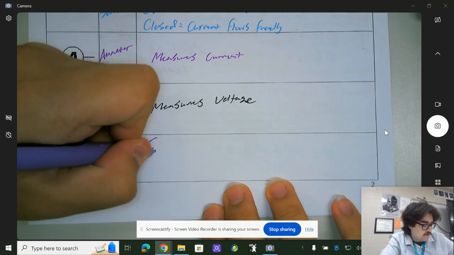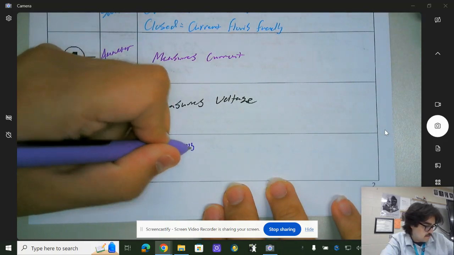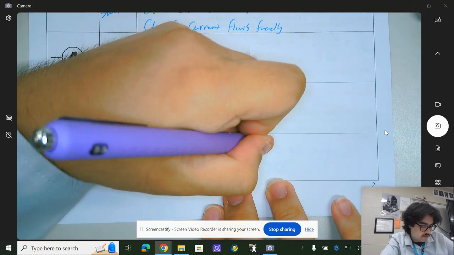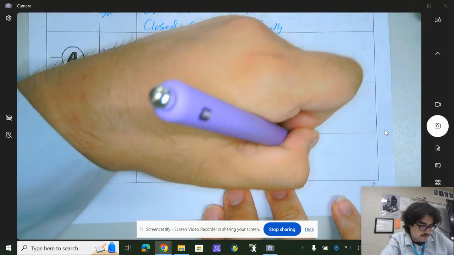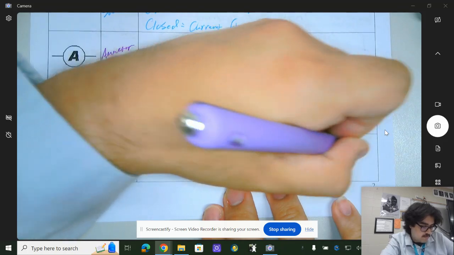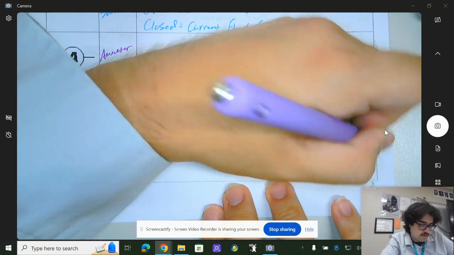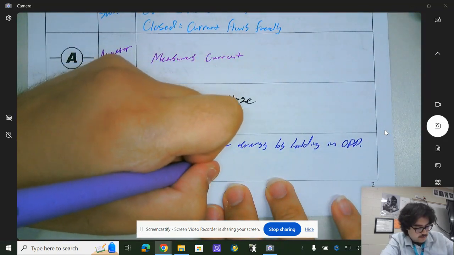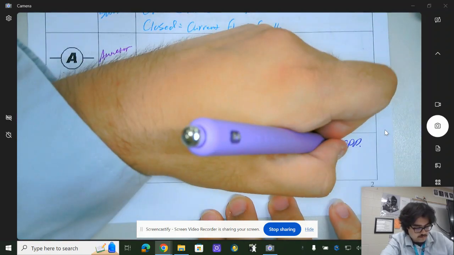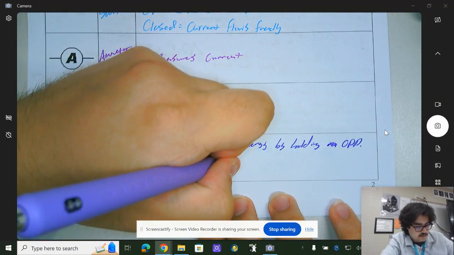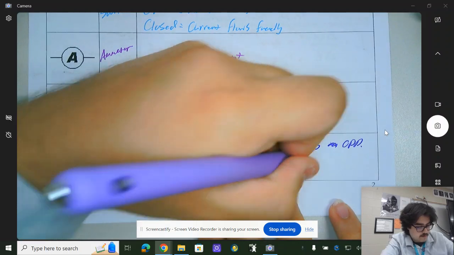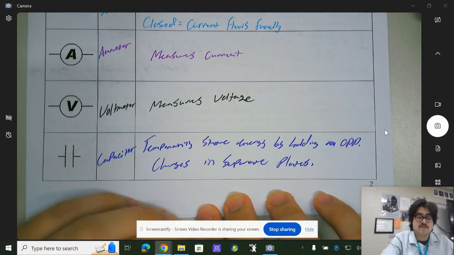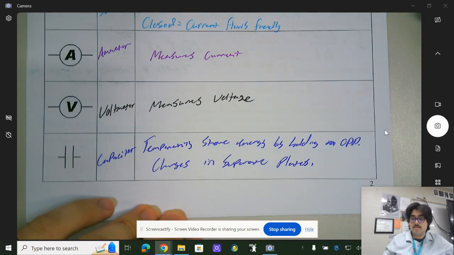It can temporarily store energy by holding opposite charges in separate plates. We don't really look at capacitors very much right now, but it will become important later.